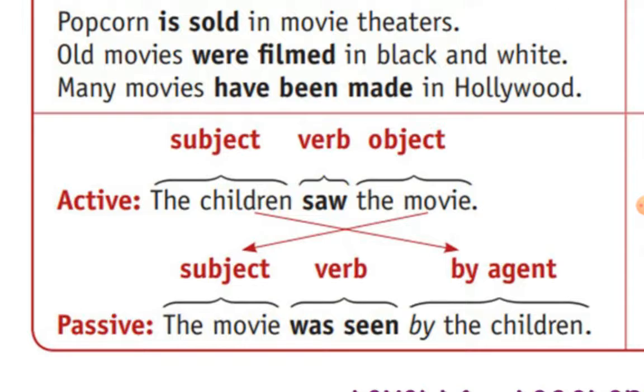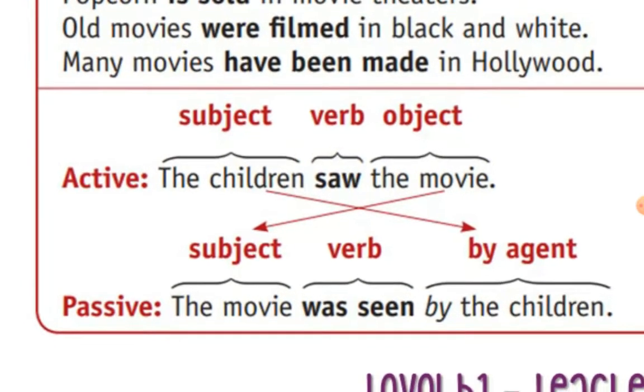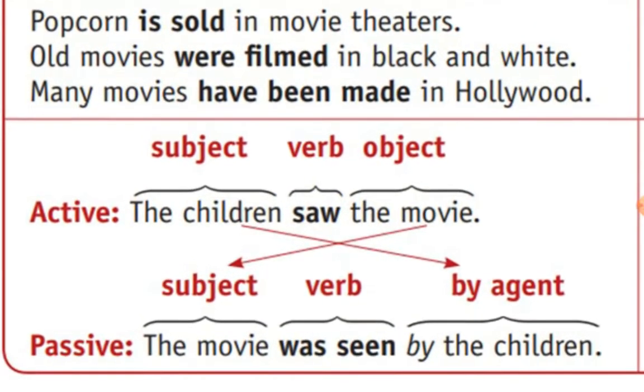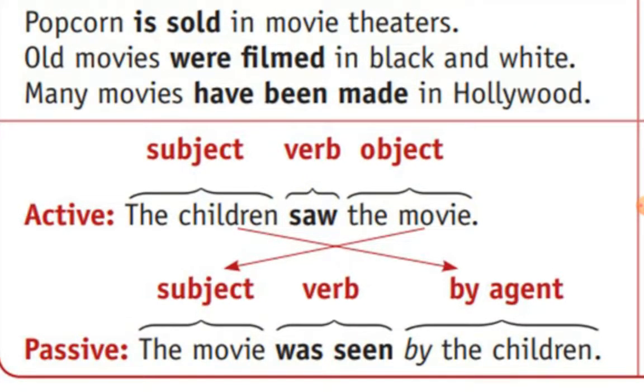In some cases, you are going to add the agent. The agent is the person or the people who did the action that you're talking about. In this case, we are talking about seeing something, which is the movie.